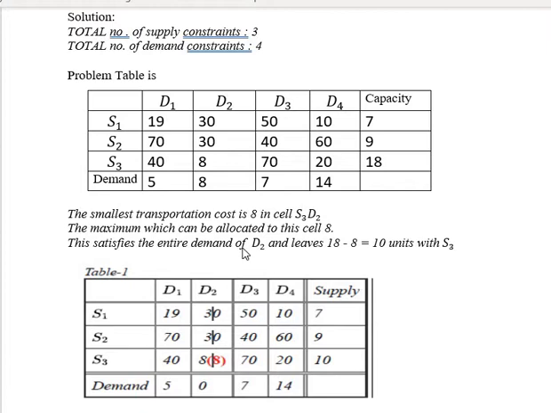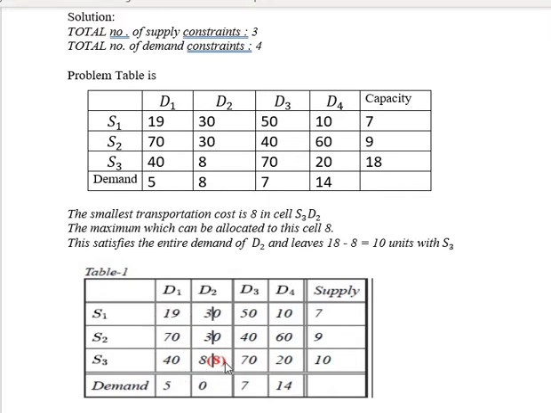This satisfies the entire demand of D2 and leaves 18 minus 8 equal to 10 units with S3. Then the rim value corresponding to D2 becomes 0. And the rim value corresponding to S3 becomes 10. So we will get the next table, that is table 1.